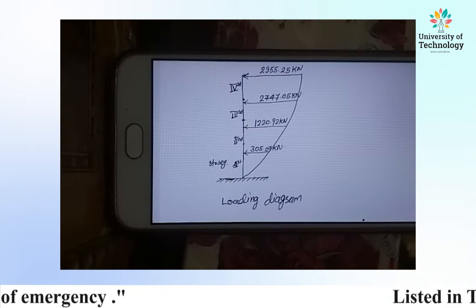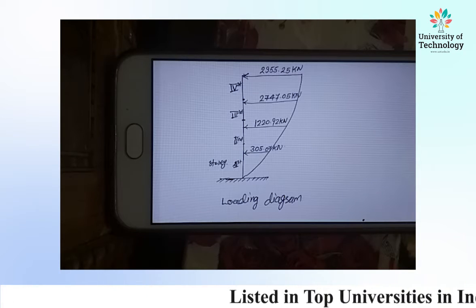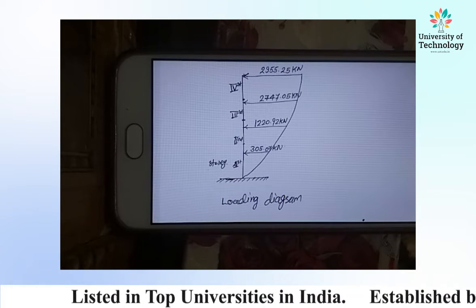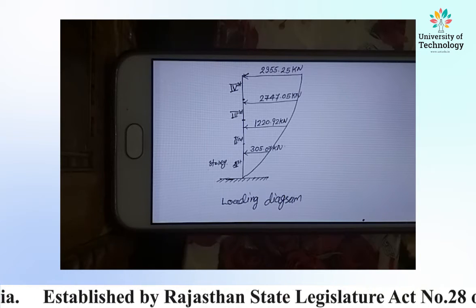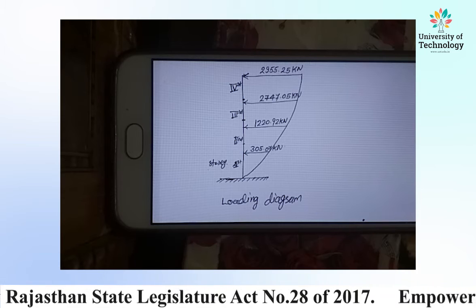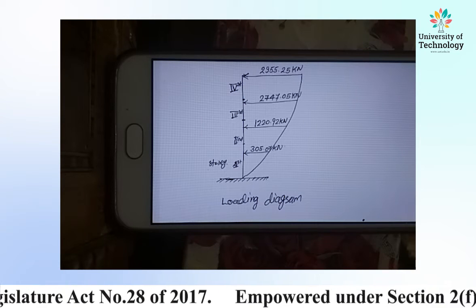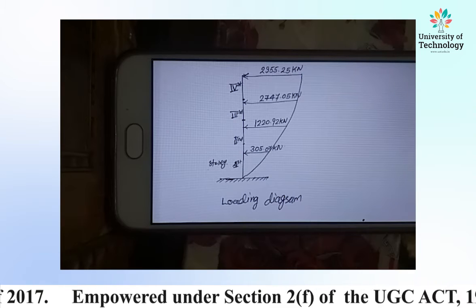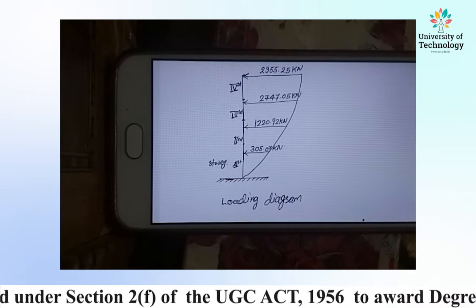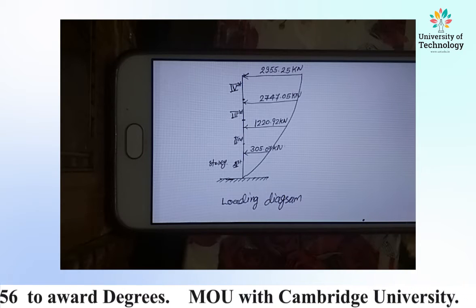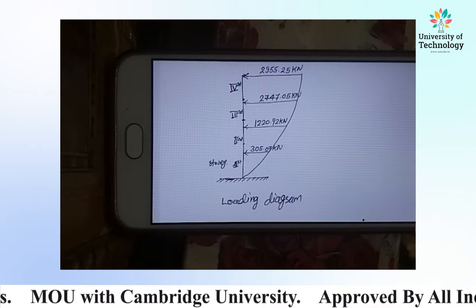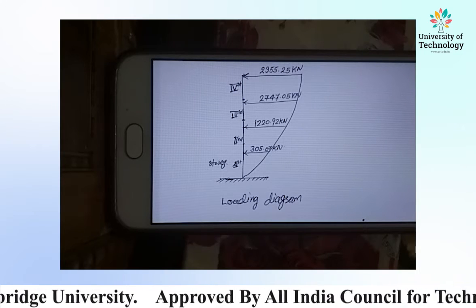For the first story the value of Qi is 305.07 kN, and then for the second story and each further story, we have analyzed that the value is continuously increasing.